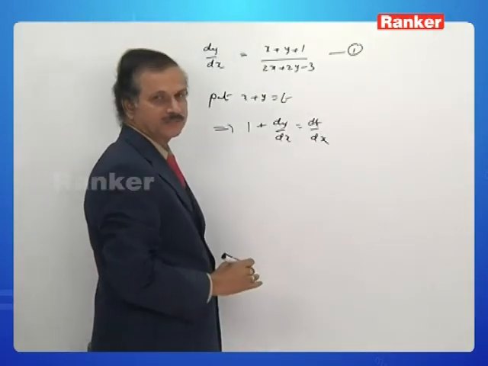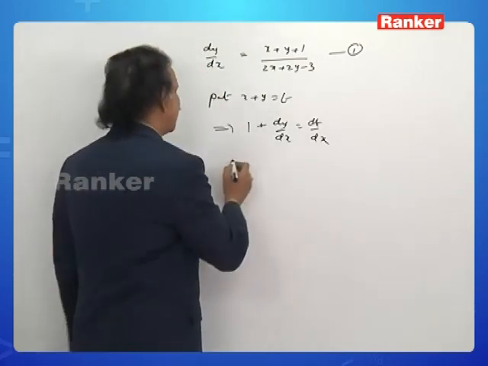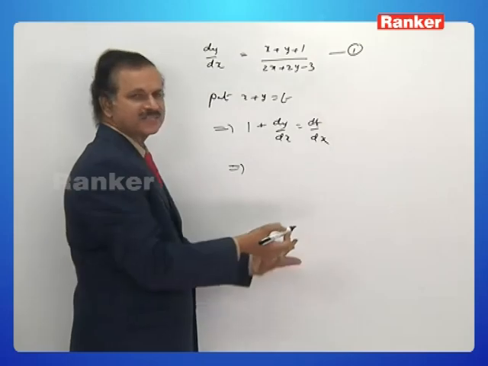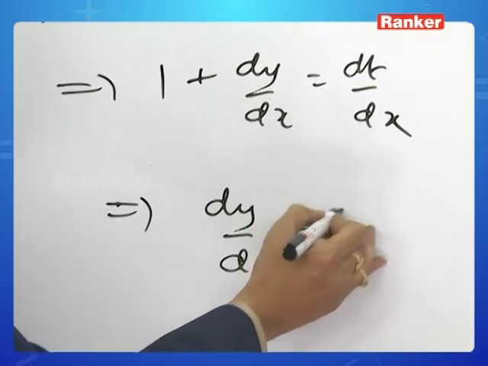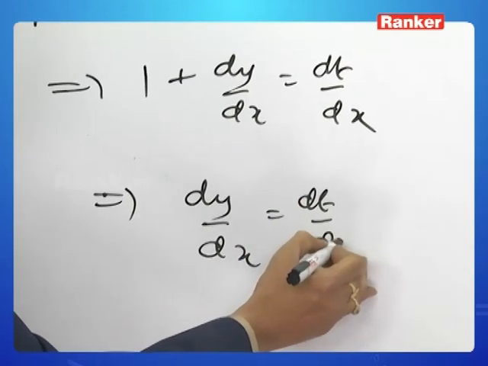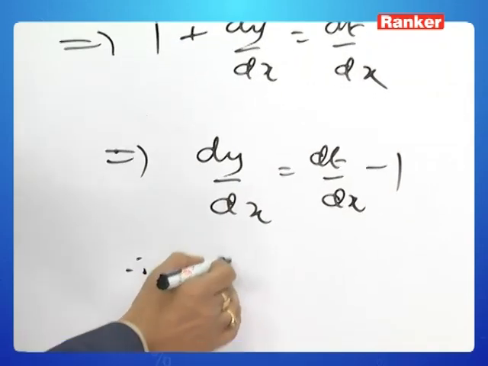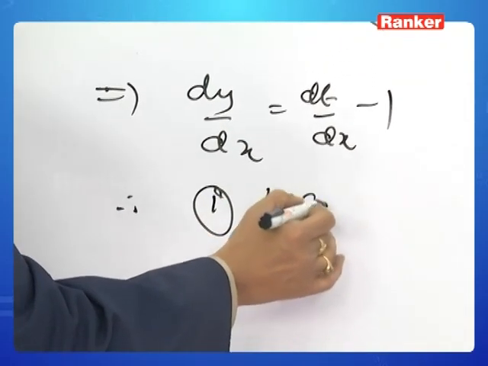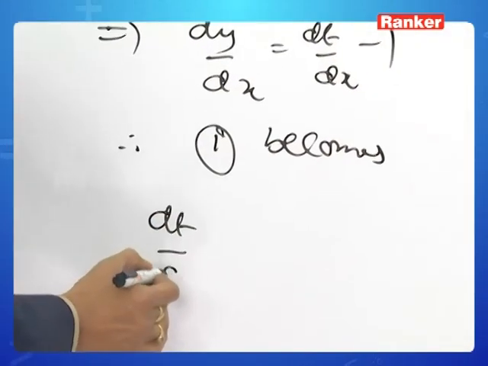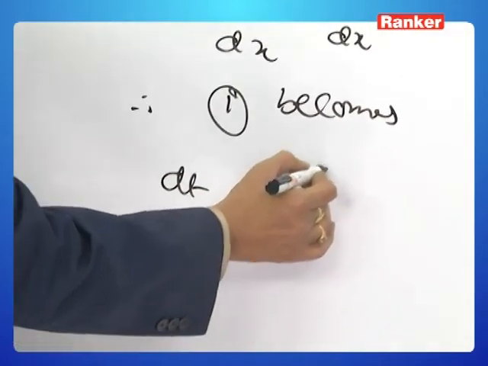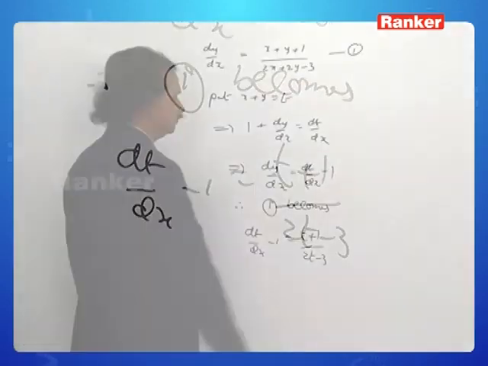You can see that we have added 1 on both sides, or else there are simple steps. Okay, no problem. dy by dx is therefore equal to dt by dx minus 1. Therefore dt by dx minus 1 is equal to t plus 1 by 2t minus 3.